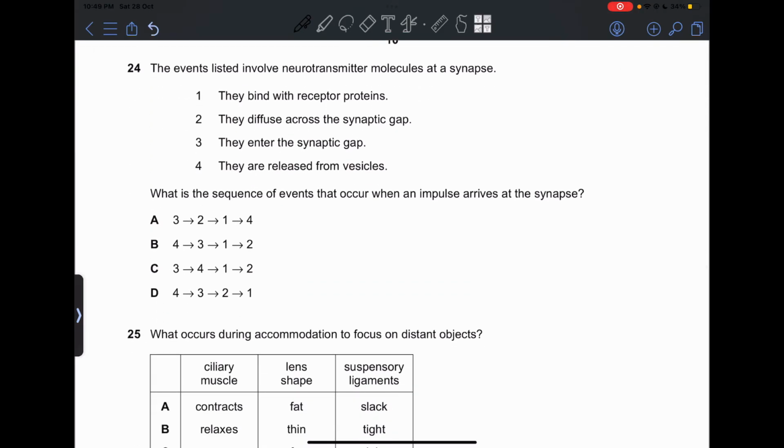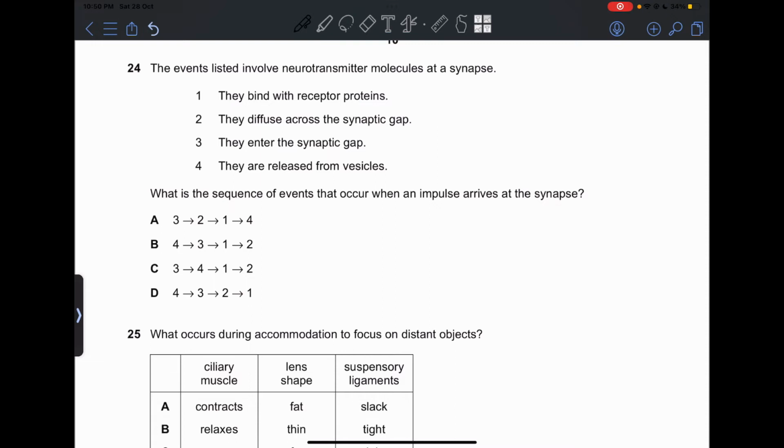24. The events listed involve neurotransmitter molecules at a synapse. 1. They bind with the receptor proteins. 2. They diffuse across the synaptic gap. 3. They enter the synaptic gap. 4. They are released from the vesicles. What is the sequence of events that occur when an impulse arrives at the synapse? So we know that the first thing that should happen is that the neurotransmitters are released from the vesicles.